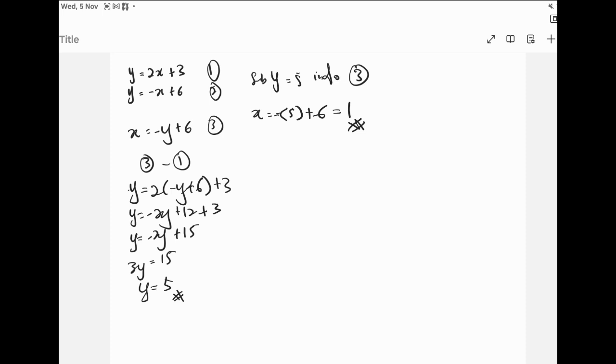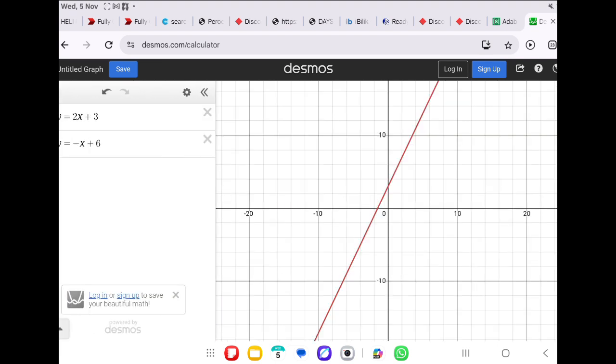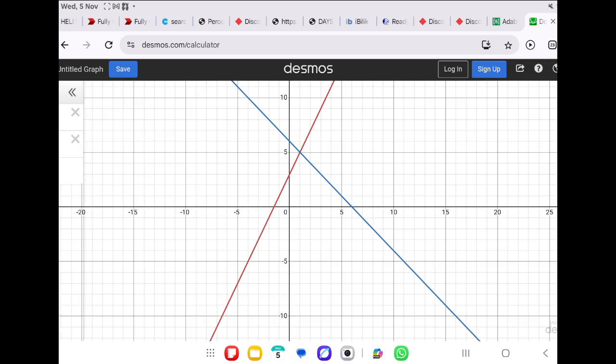Let's try to look at it graphically. This is the graph of the first equation. Now let us add the second equation and see what happens. So this is the second equation.